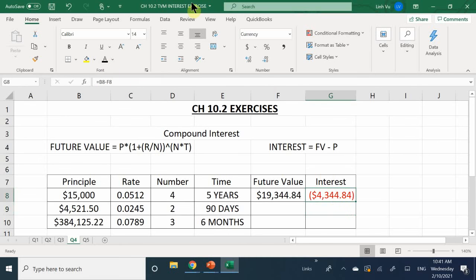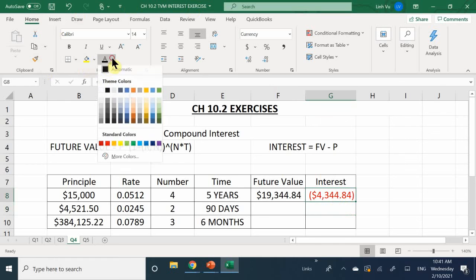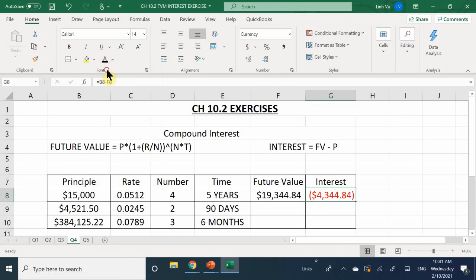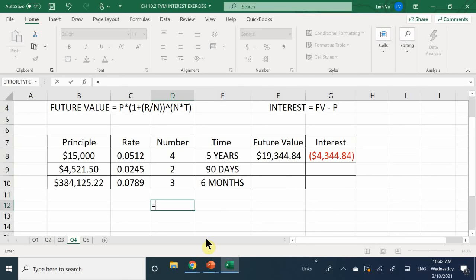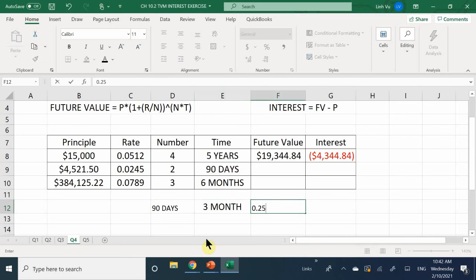Okay, I don't know why I can't change that to black. All right. Now, same thing here, except this time we're dealing with 90 days. As we've solved from before, 90 days is equivalent to 3 months, which is equivalent to a quarter of the year.